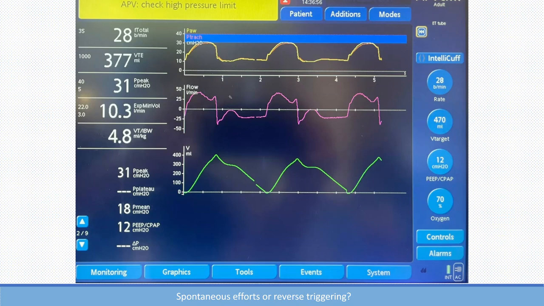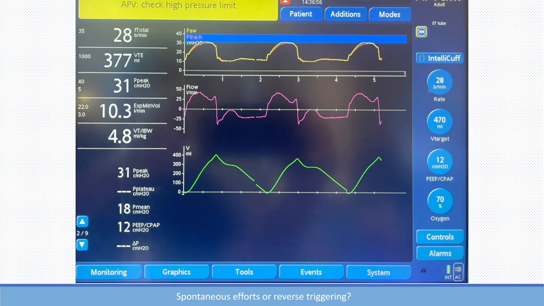If this is caused by reverse triggering, there are a couple of maneuvers that you can do to confirm. Number one, slow down the respiratory rate. If you slow down the respiratory rate, since those are caused by the positive breath from the ventilator, they will go down also at the same rate.